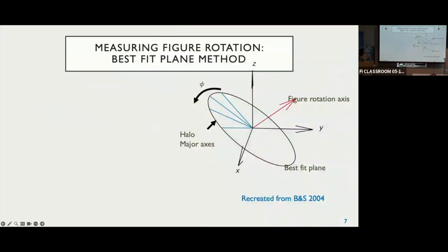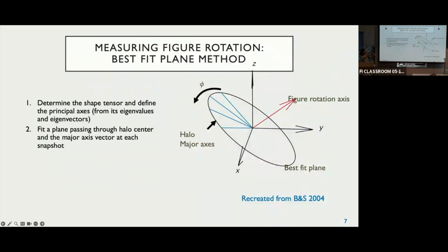So how do you measure figure rotation? The classic way of doing this was to take your particle distribution and define something called a shape tensor, which is sometimes called a moment of inertia tensor. You diagonalize it and find the eigenvalues and eigenvectors, and that gives you the principal axes of this ellipsoid.